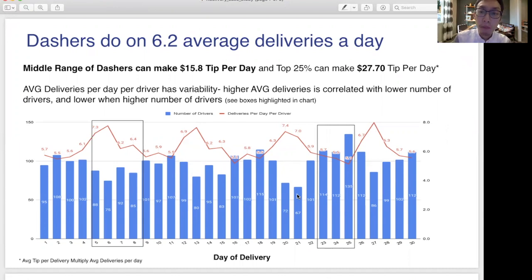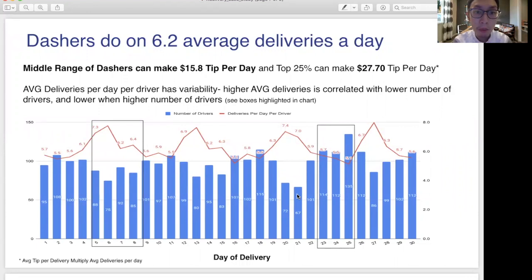So we try to break it down into how much they actually make in tips per day. So here's a visual to show how many deliveries drivers do on a daily basis, and then in the blue is the number of drivers who are actively doing orders on a daily basis.